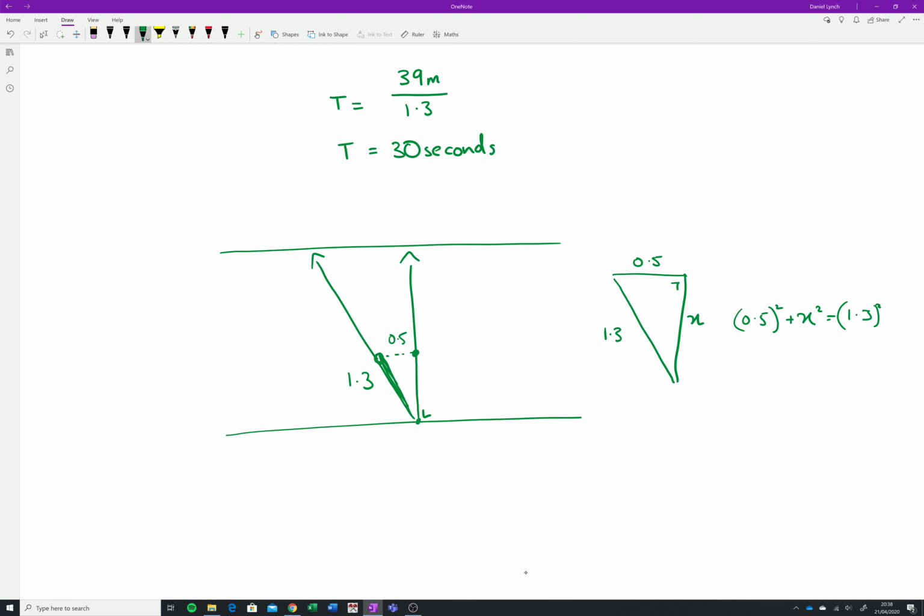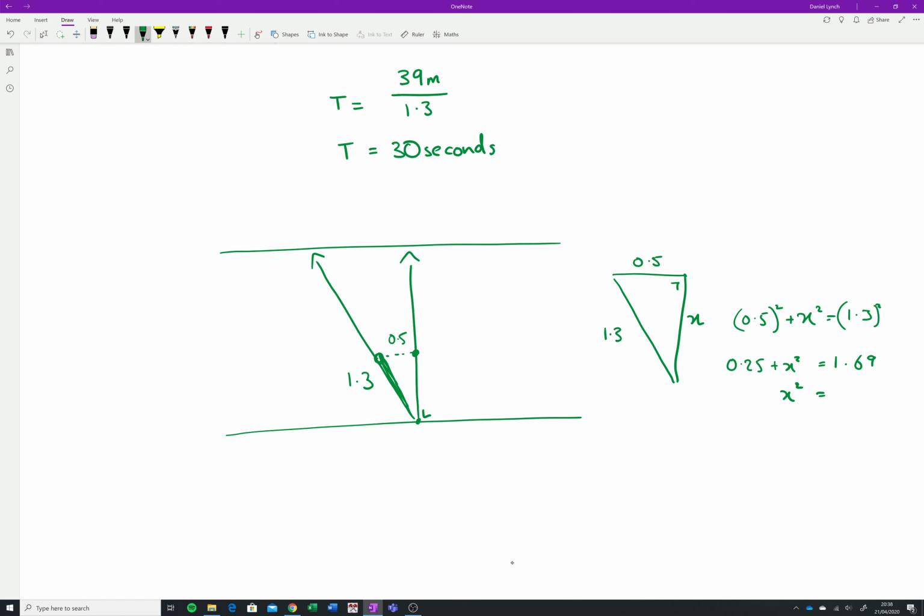So we'll just figure out what that is. 1.3 squared, I should know my times tables, it's going to be 1.69. So 1.69 equals 0.25 plus x squared.